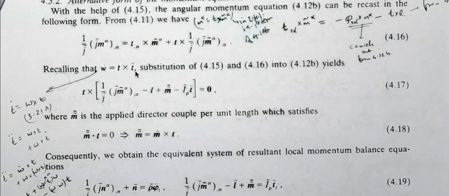Here is the derivation of w dot equal to t cross t double dot. We know from equation 3.21 that t dot can be written as w cross t, because t dot belongs to the tangent space of t.